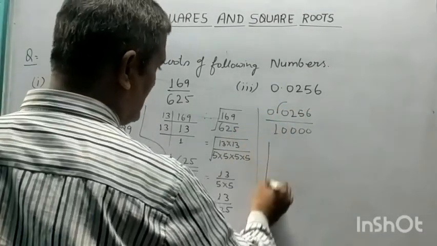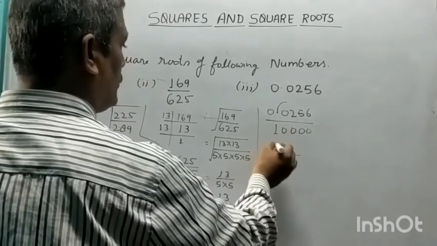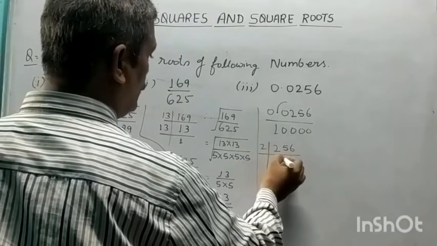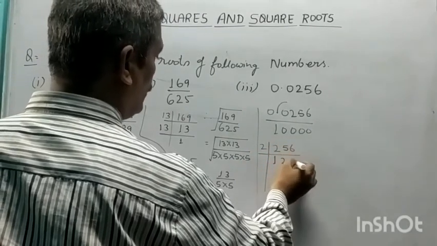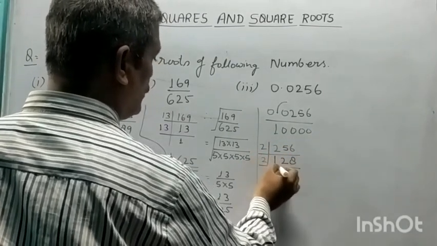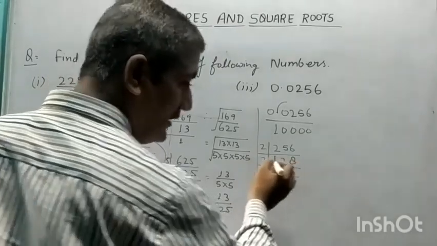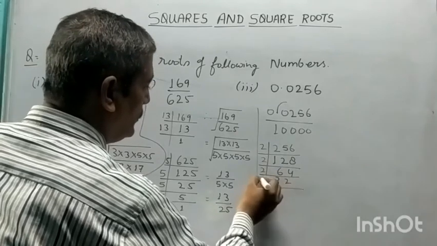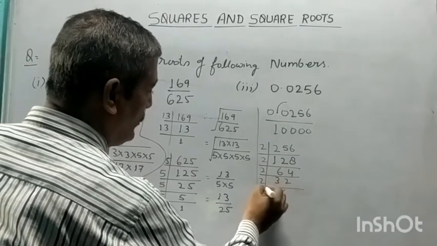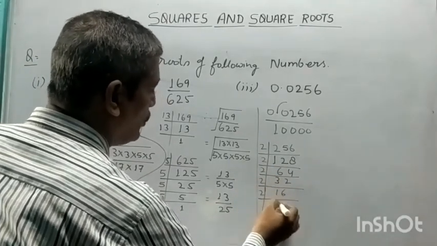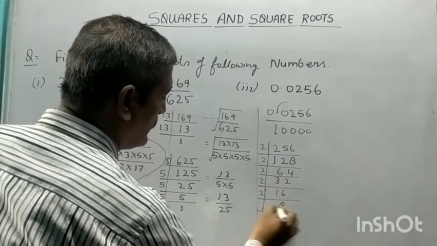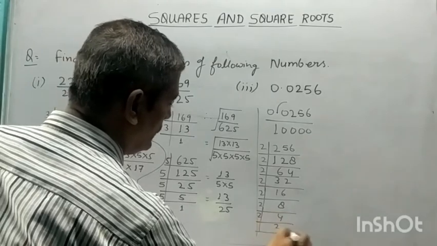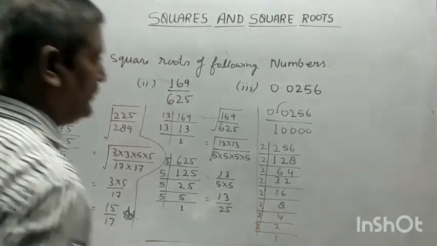Now factorize, find the prime factors of 256. 2 1s are 2, 2 2s are 4, 2 8s are 16, and so on, dividing by 2 repeatedly until we reach 1.